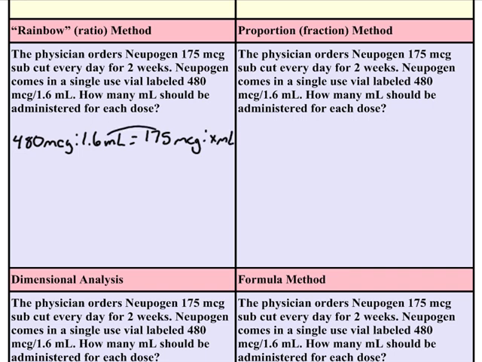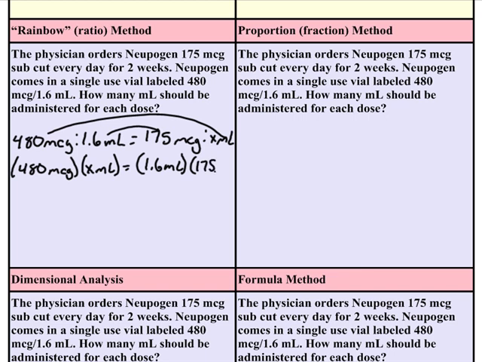We then will multiply our means and our extremes. We have 480 micrograms times x mLs equals 1.6 milliliters times 175 micrograms. We will divide by 480 micrograms on both sides in order to isolate the x.